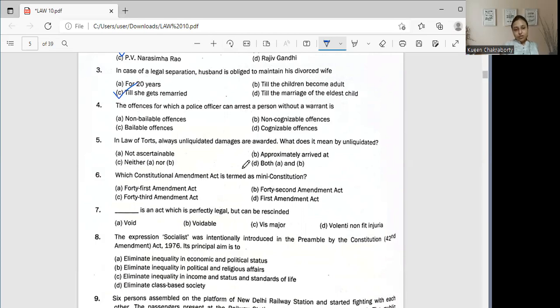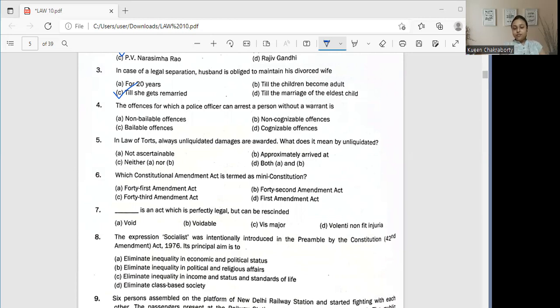Now coming to question number 4. Offences for which a police officer can arrest a person without a warrant are: non-bailable offence, non-cognizable offence, bailable offence, or cognizable offence. So the correct answer is option D, cognizable offence.